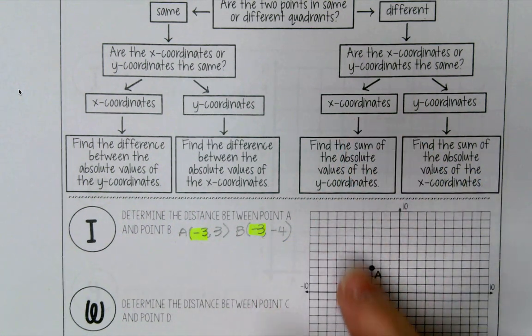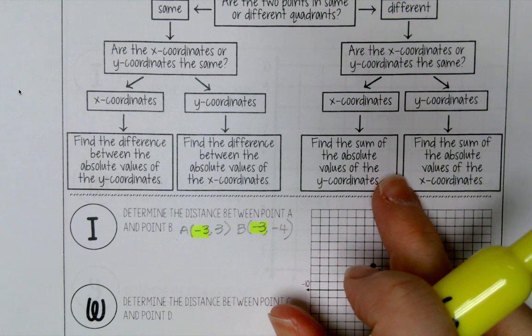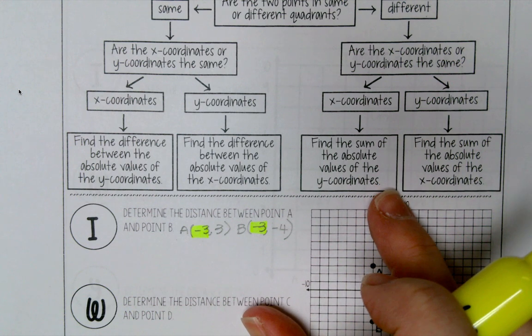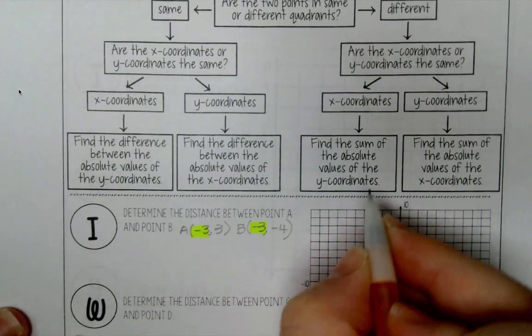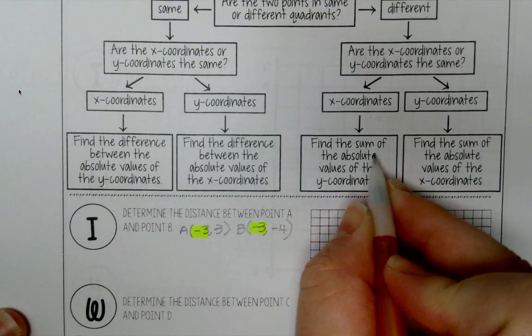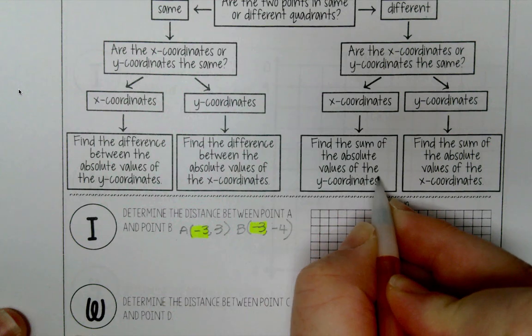Now, you're going to find the sum of the absolute values of the y coordinates. Oh, okay. So what I did not highlight. So find the sum of the absolute values of the y coordinates.